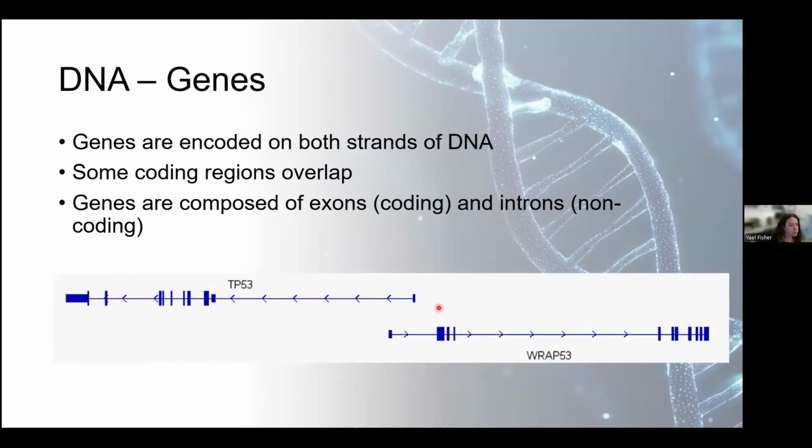So this is how to read this type of writing of genes, and the arrows signify the direction of reading them. Now, many times genes that overlap also have regulatory functions on each other. So in this case, WRAP53 has regulatory functions on TP53.